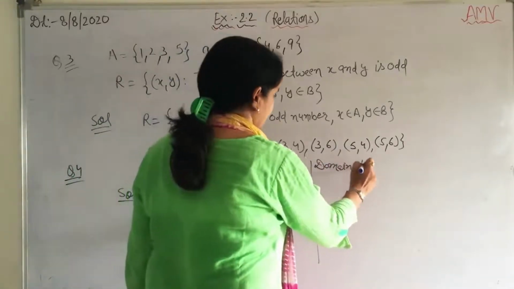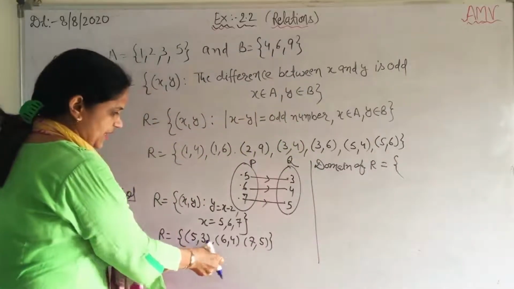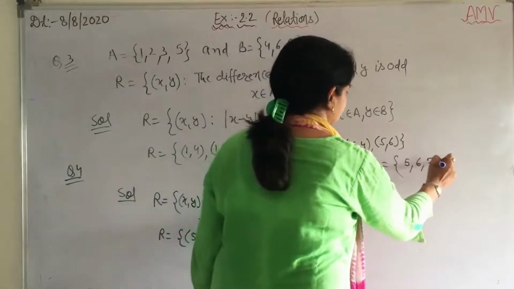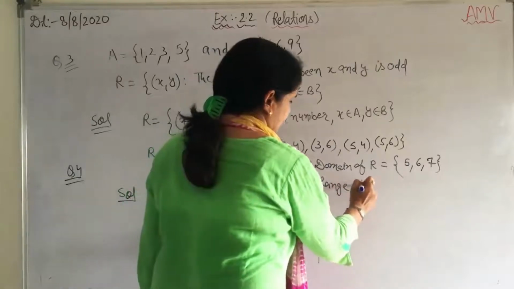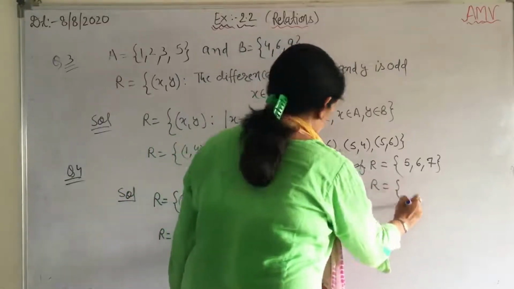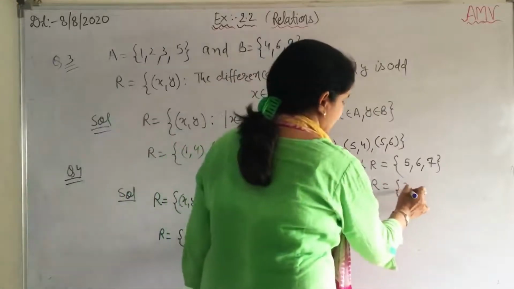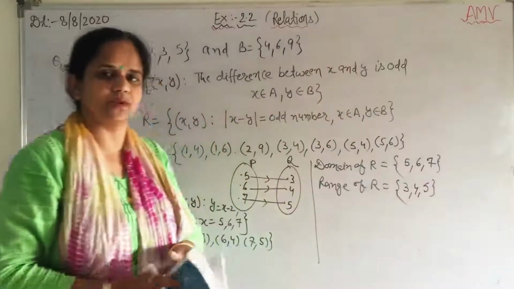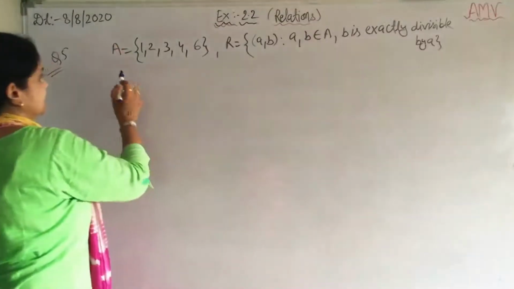So the domain of the relation is the set of first elements: 5, 6 and 7. Range of R is the second elements: 3, 4 and 5. So here write 3, 4, 5. Very simple questions.